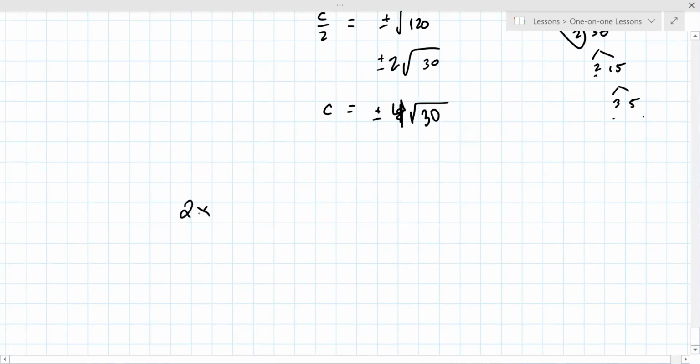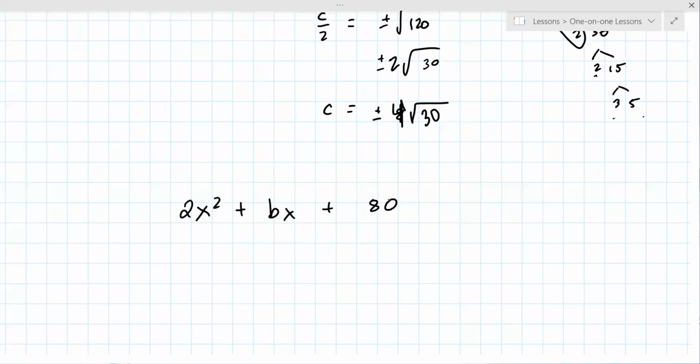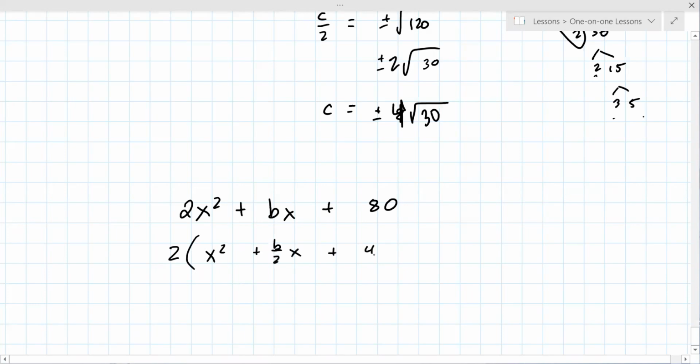So let's say there's a 2x squared plus bx plus 80. The formula changes for this, and that's something to keep in mind, because if you were to do this correctly, it'd be 2x squared plus b over 2x plus 40.